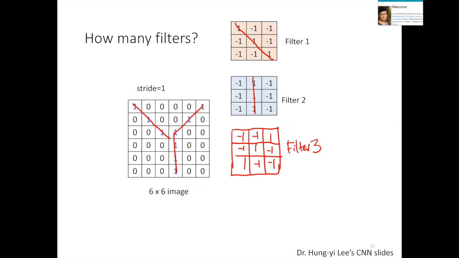When you have something much more complicated, like even the digits themselves, it's much more complex than this Y, right? How do you detect an 8? How do you detect maybe a 2 or 3? So the number of filters depends on the task, on the domain itself.